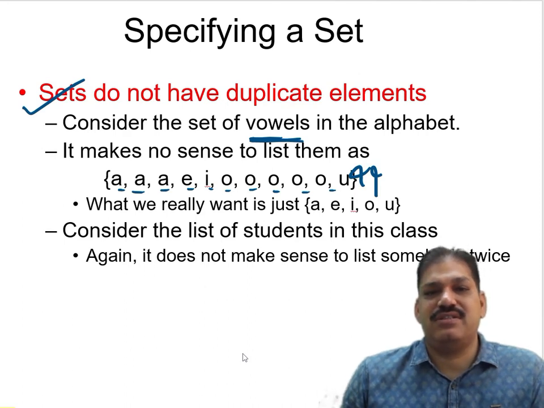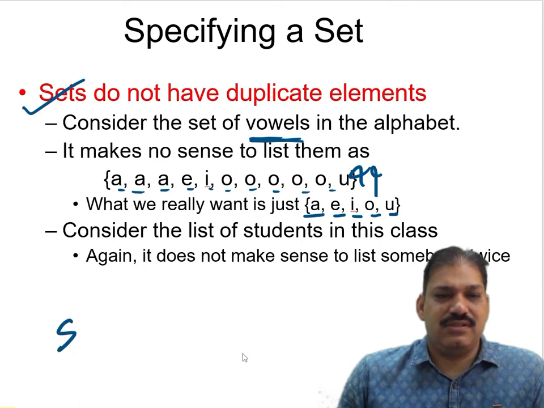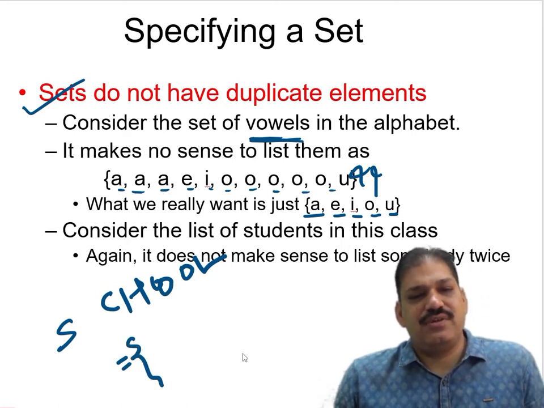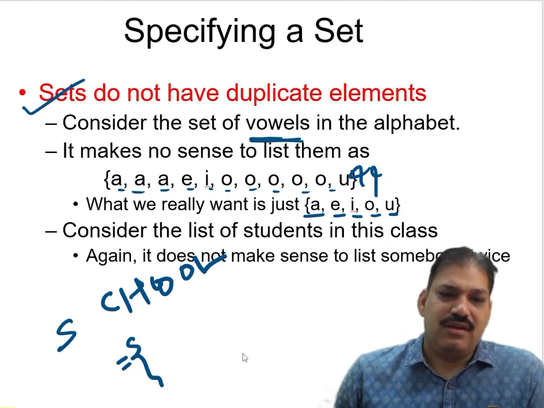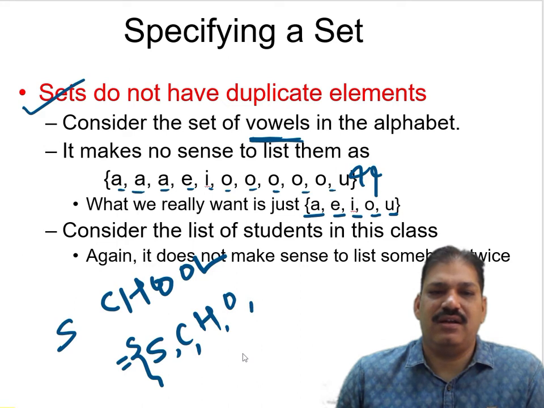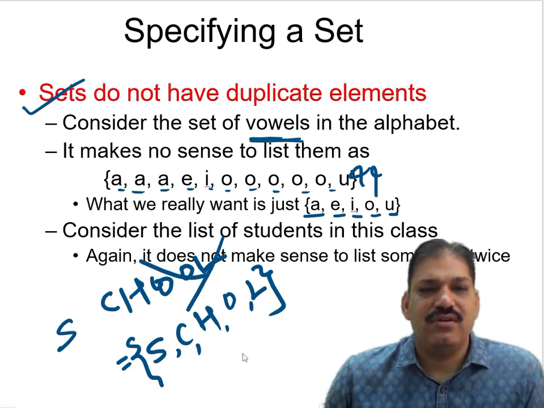So what we really want is just A, E, I, O, U. Suppose I am given a word, school, S-C-H-O-O-L, and I am to write the set containing the letters. We write S, then C, then H, then O one time only, and L. So O will not be repeated. This is how we do it.